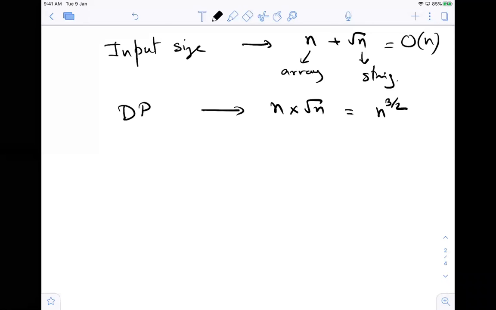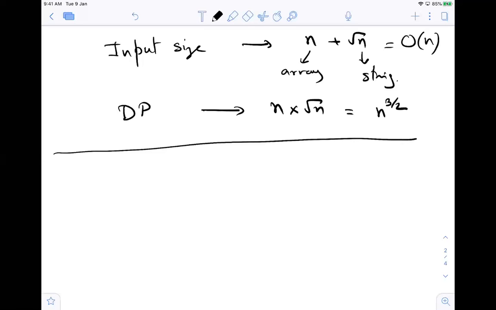Can we take the comparison between two strings in order one steps? Yes, sir. Then what your friend is saying is correct: it will be linear in the input size.